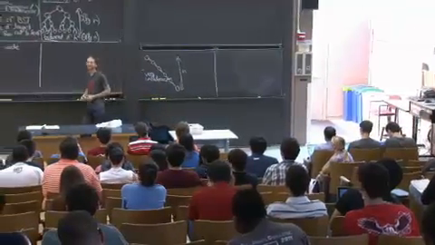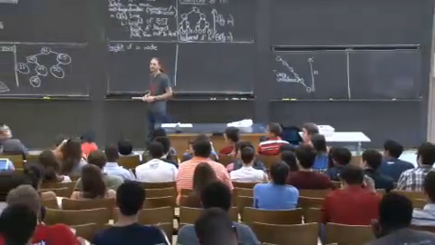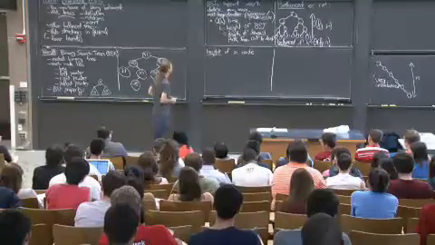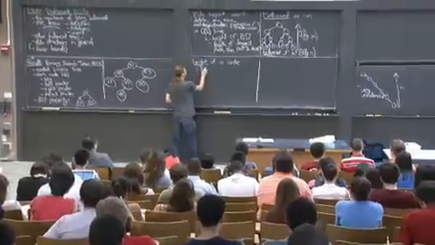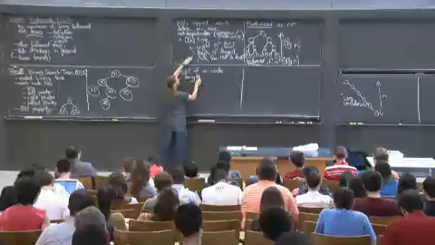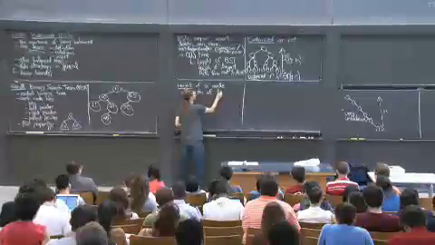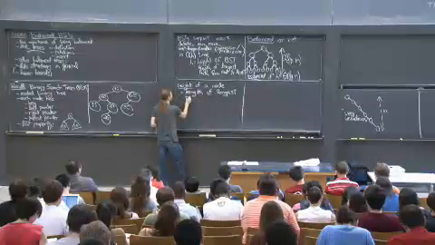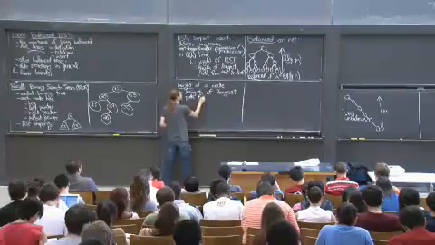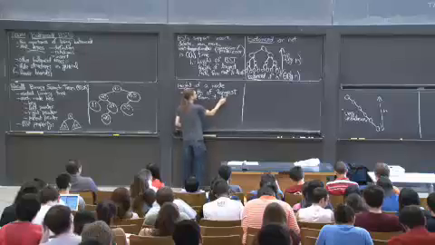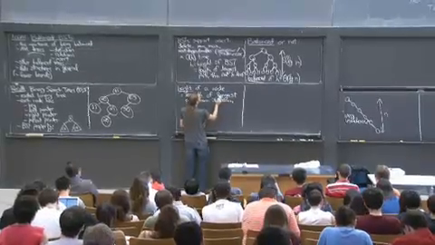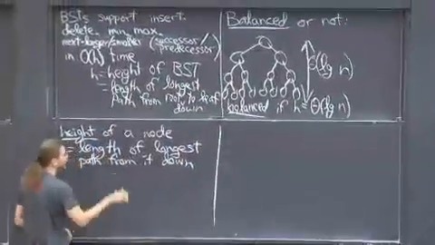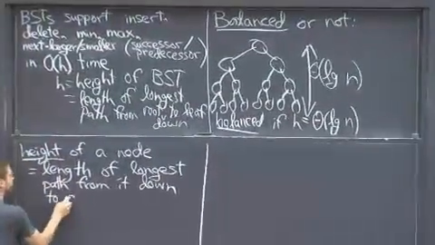Height is the longest path from that node to the leaf. That's why I wrote this definition, actually. Here I should probably say down, to be precise. You're not allowed to go up in these paths.